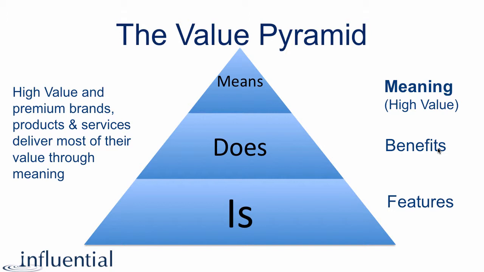Most of the products in the category deliver comparably on the benefits, and just adding more benefits won't add more value beyond a certain point. Once our minimum need for benefits is reached, then adding more doesn't necessarily help us that much. But where we can add a lot more value is in the meaning. So if you think of the luxury car, people buy luxury cars because it says something about them.